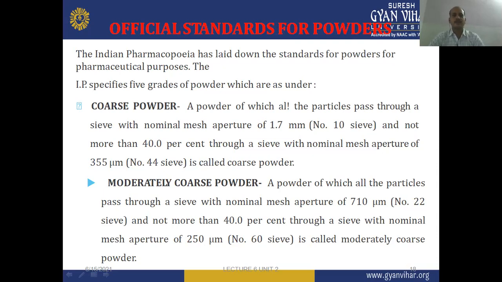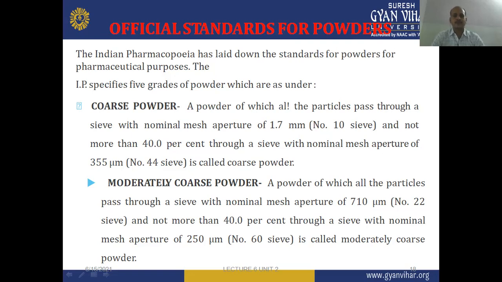Now let us see what the meaning of these terms is. The first one is the coarse powder. A powder of which all the particles pass through a sieve with nominal mesh aperture of 1.7 millimeter, number 10 sieve, and not more than 40% through a sieve with nominal mesh aperture size of 355 micrometer, meaning number 44 sieve, is called coarse powder.